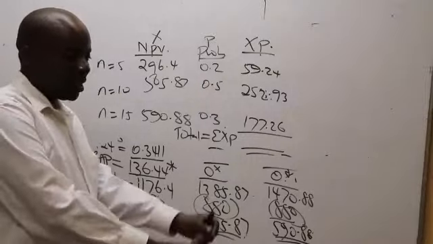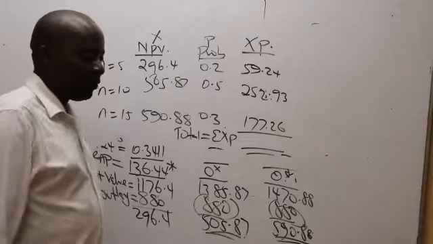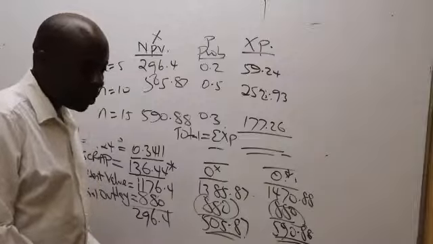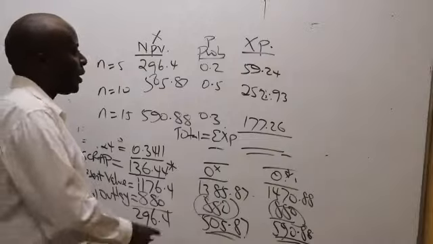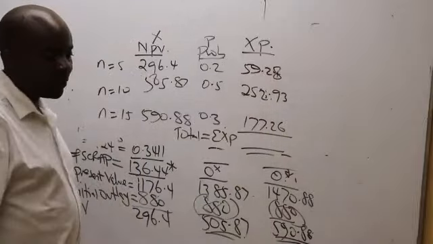Total expected net present value. The first one I'm told is supposed to be 59.28, because of this 0.2, yeah? Thank you so much.